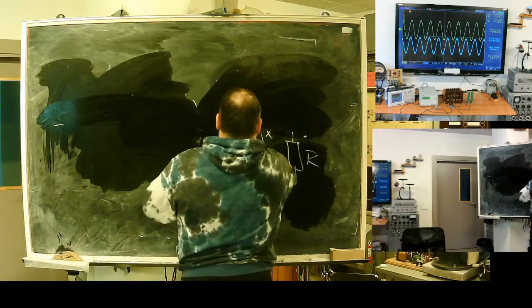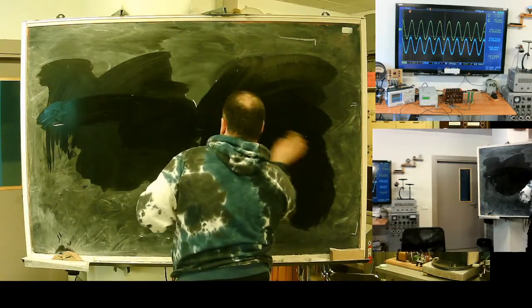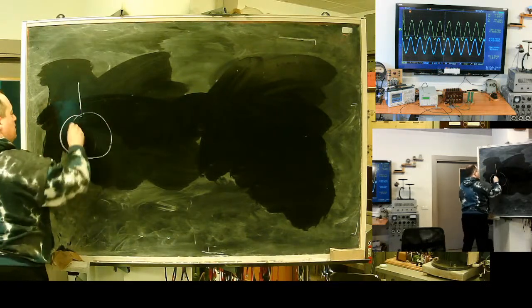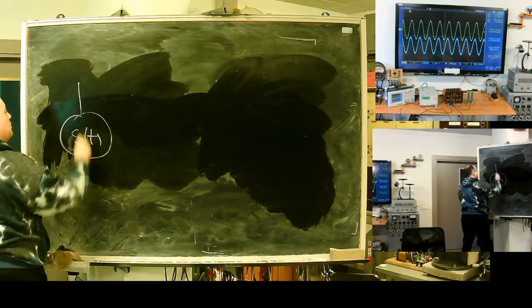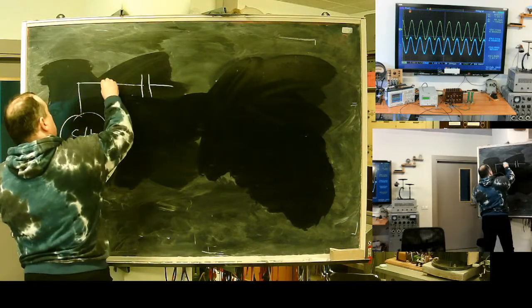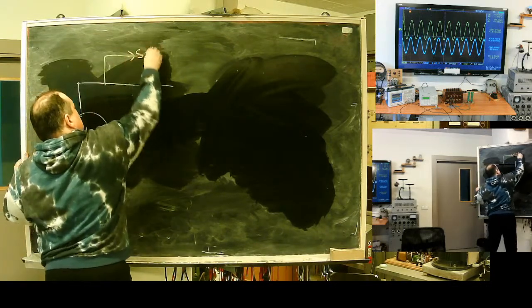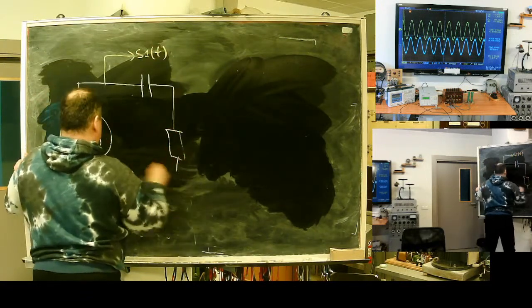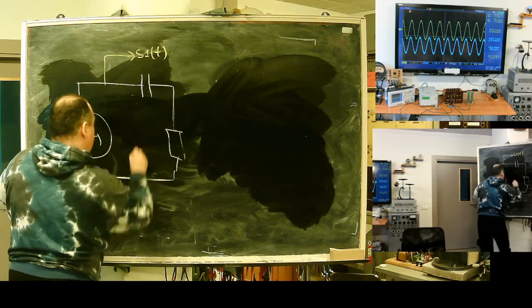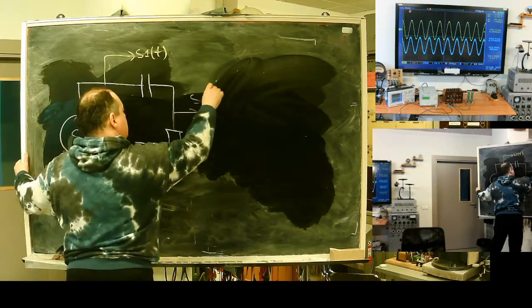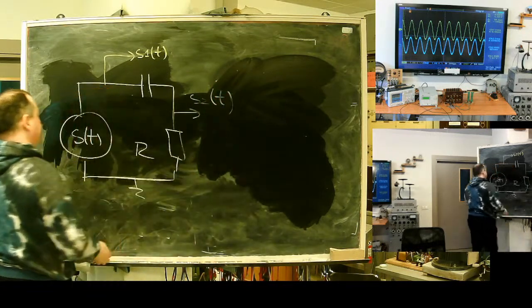Now to the yellow and blue line. I have, again, this is my signal, this is my capacity, this one is the yellow line, I have my resistor, and this one is the second blue line.